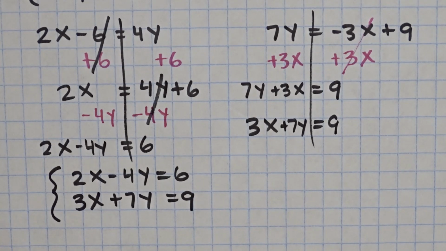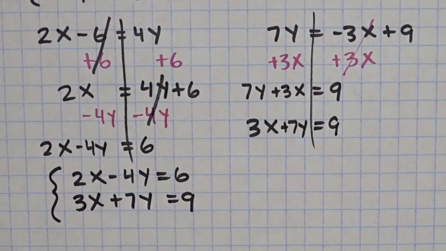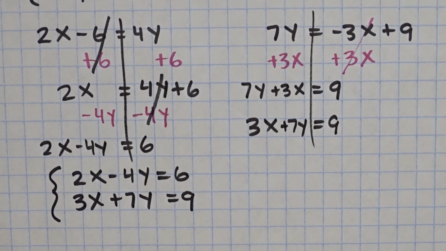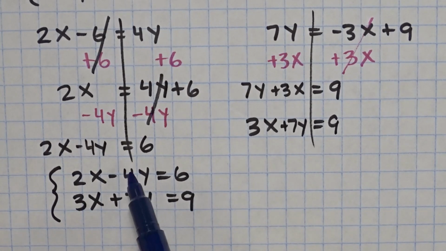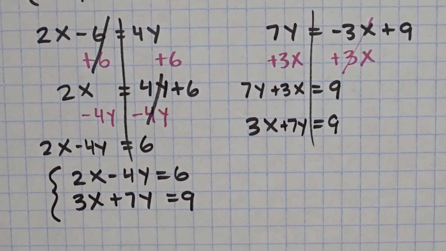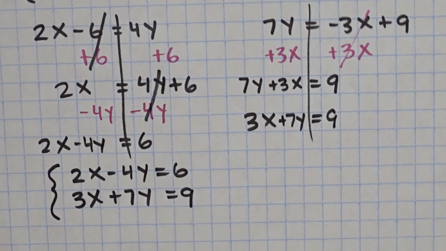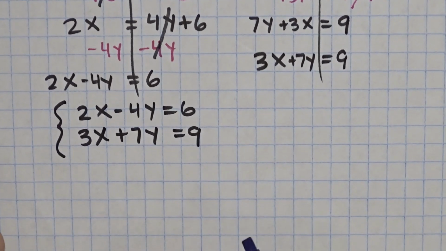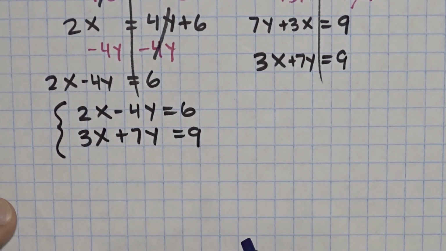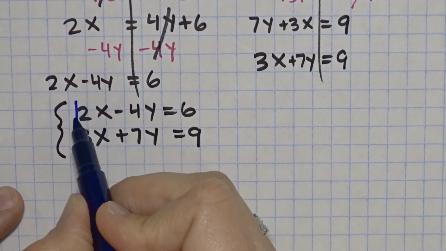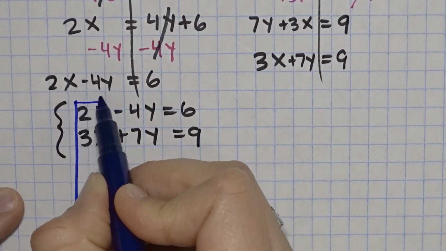And I want to use the elimination method and try to get a 0. Looking at 2 and 3, the least common multiple would be 6. Looking at 4 and 7, the least common multiple would be 28. So if I'm going to try to get a 0, I'll do these two. And it doesn't really matter which ones you choose to make 0.